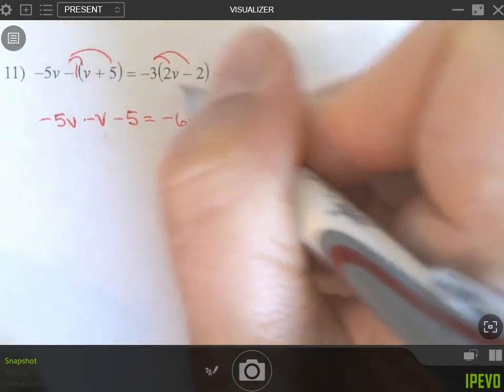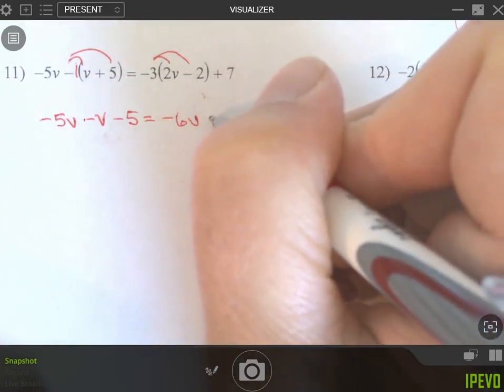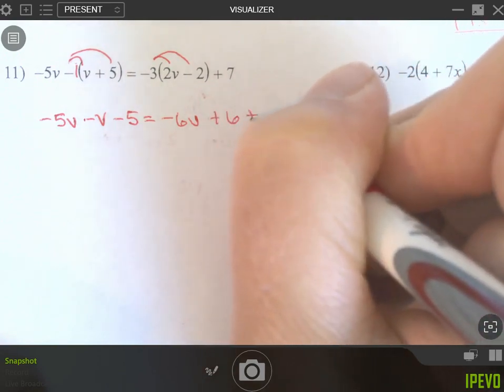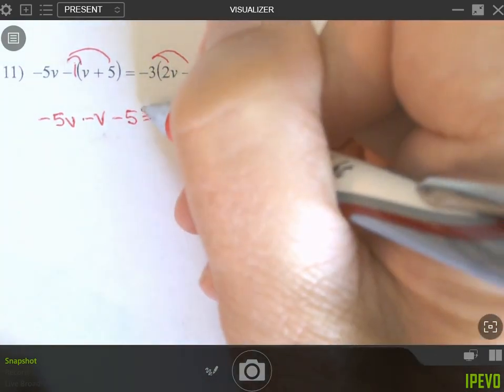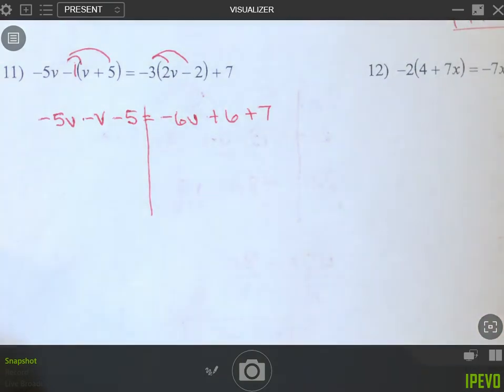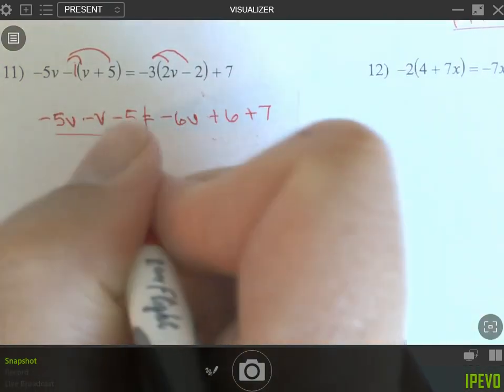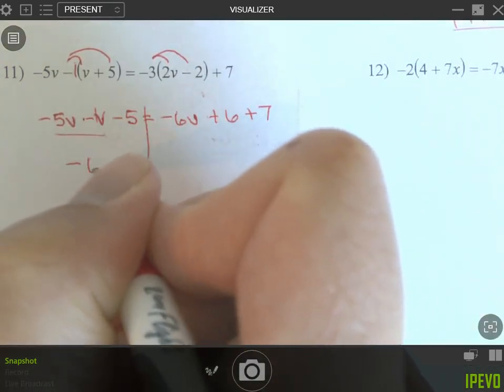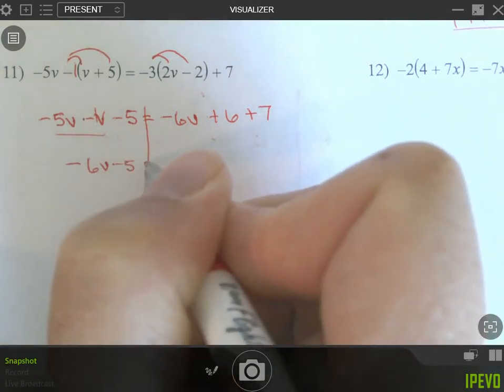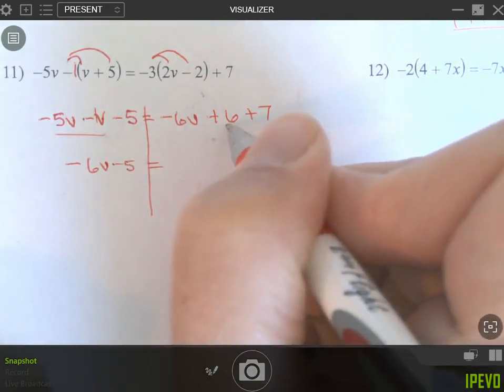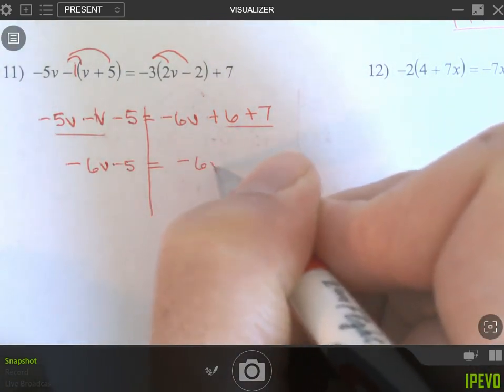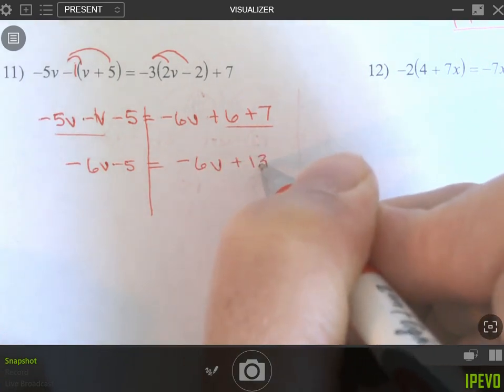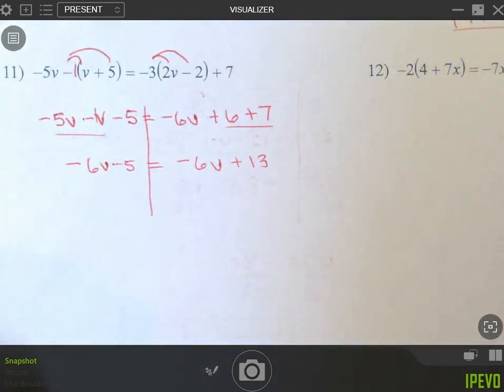Negative 6v, negative times negative is a positive 6, and plus 7. All right, again, before I start solving, add like terms. Negative 5v, negative 1v is negative 6v minus 5. On this side, I'm going to add these up. So negative 6v plus 13. Okay, are you with me here?